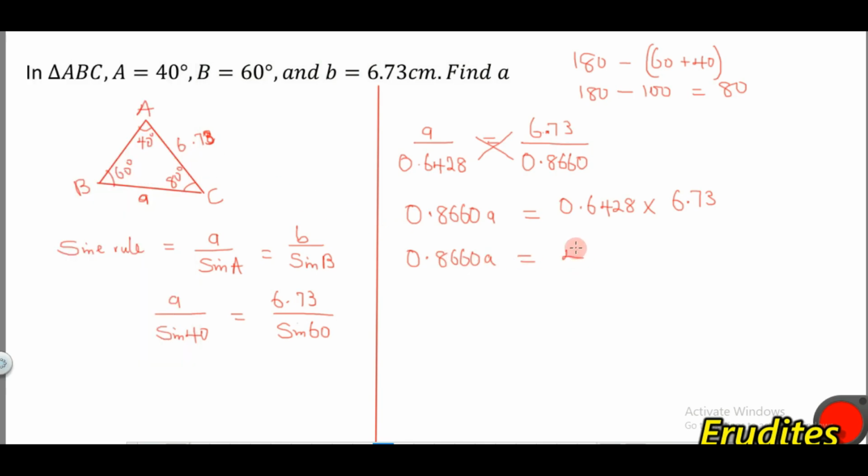So 0.8660a is equal to 4.3260. The next thing I will do is divide both sides of the equation by the coefficient of a, which is 0.8660. So my a will be equal to 4.3260 divided by 0.8660.